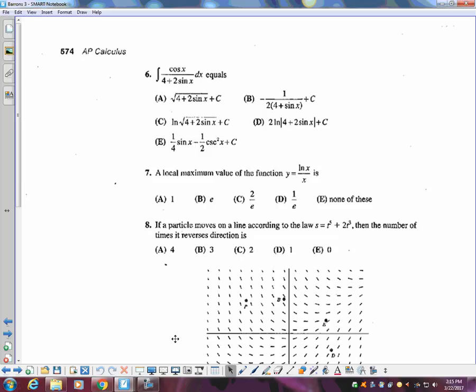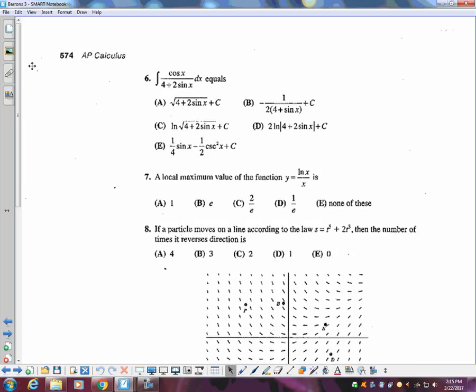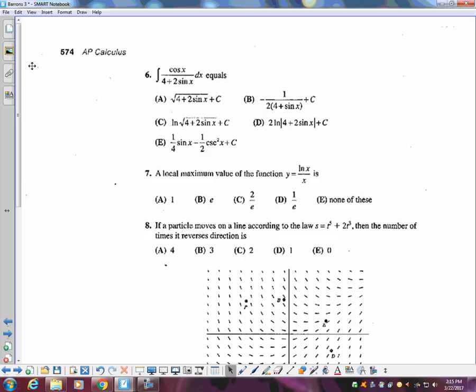I'll let my u be what's on the bottom. So u equals 4 plus 2 sine x. So u prime, 4's gone, 2 times sine, so 2 cosine x. Okay, so u is the bottom, u prime is the cosine. He needs a 2, so I'm going to give him a 1/2 out front.